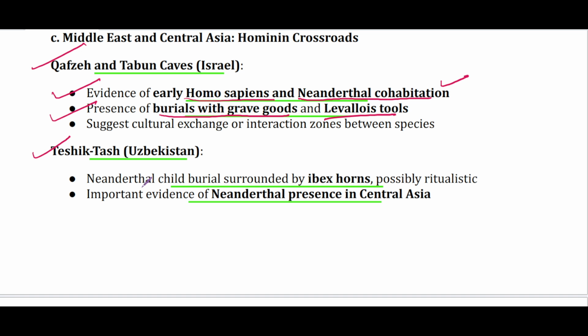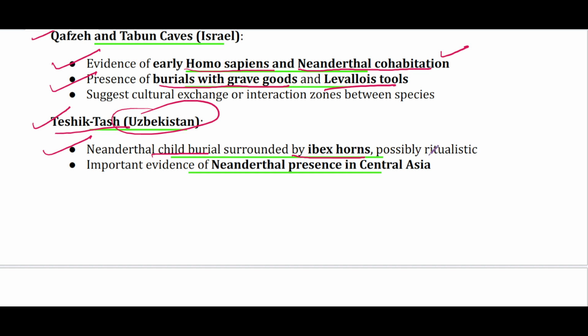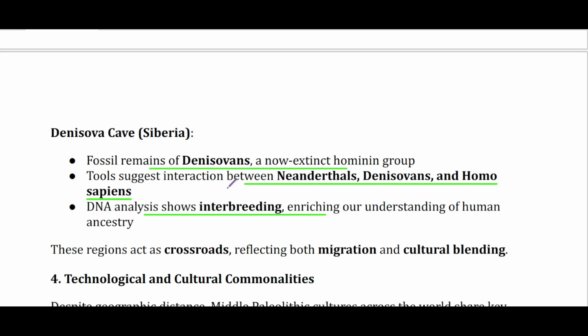Then the other site is from Uzbekistan, Tashik Tash, and here a Neanderthal child was buried surrounded by ibex horn, which might suggest ritualistic behavior. And this site is also important because it shows the Neanderthal presence in Central Asia.